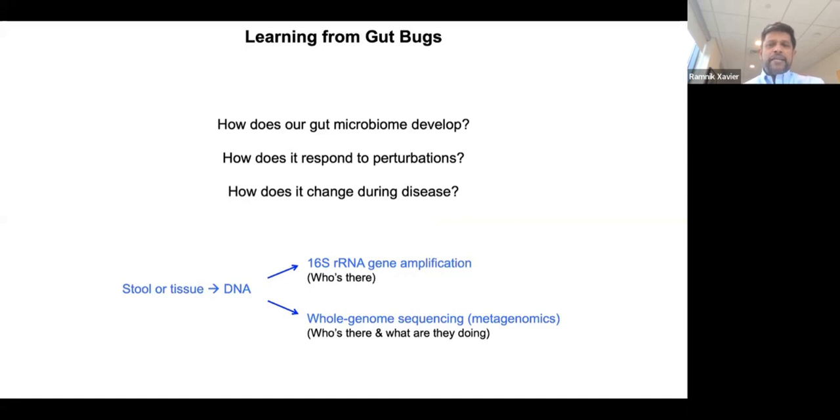And as you'll see in my next slide, it's a very complex community structure with many genes. And to do that, to study how bugs develop, how they are perturbed, and how they contribute to disease, we broadly use two methods. One is called the 16S RNA gene amplification system, so to measure who's there.